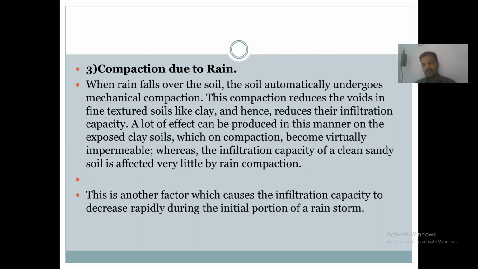The volume of the soil will decrease. The voids present in the soil will get compacted, due to which the infiltration capacity decreases. This is one of the factors responsible for the reduction in infiltration capacity: compaction due to rainfall.